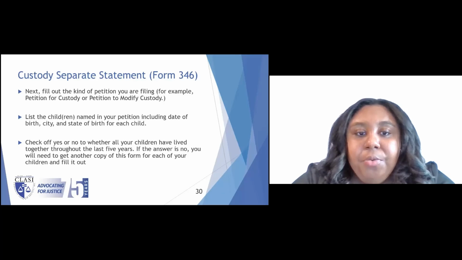Choose yes or no to whether all your children have lived together throughout the last 5 years. If the answer to this question is no, you will need to get another copy of this form for each of your children and fill it out for each child.